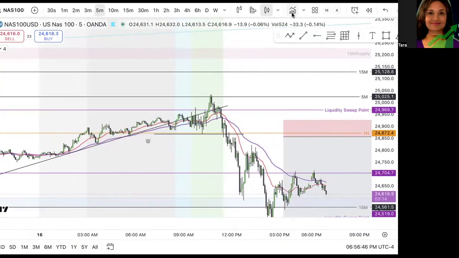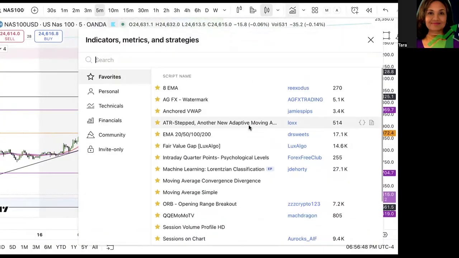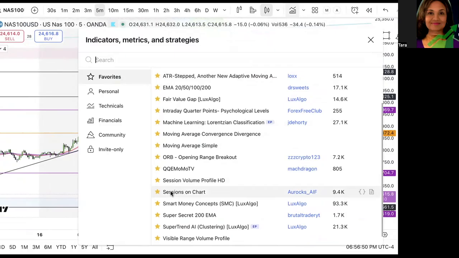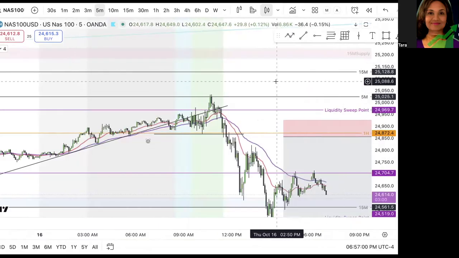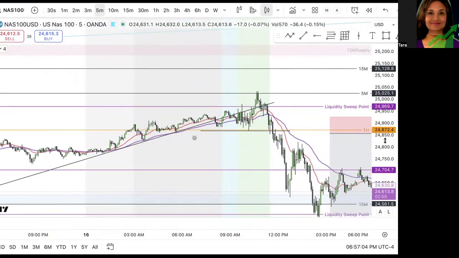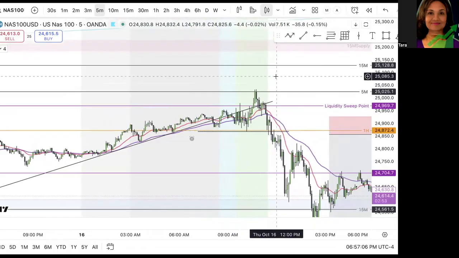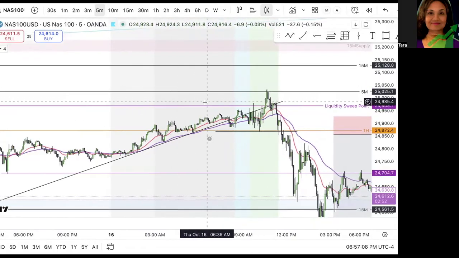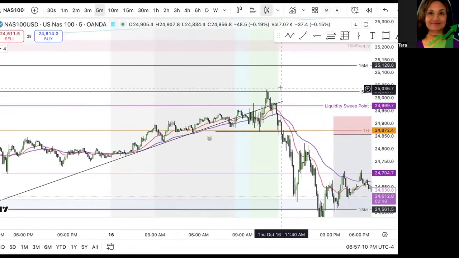And then a third one that I use every day that several of you have asked about is called Sessions on Chart. Some of our subscribers asked if I would show my inputs for Sessions on Chart. The sessions on chart are these colors. And as I said before, I'm a visual learner, so I like to just take a glance at the chart so that I can get an idea of what time it is when certain moves happen.